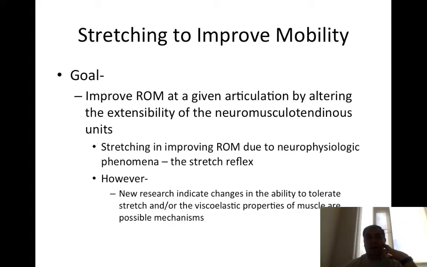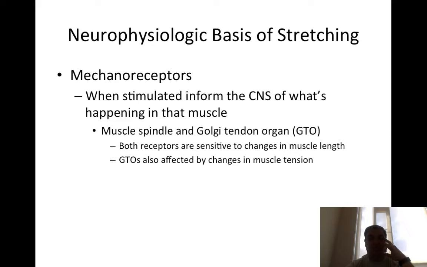For forever, people have thought that the stretch reflex is how we can improve range of motion, but newer research indicates the ability to tolerate the stretch and the viscoelastic properties of muscle are also possible mechanisms.